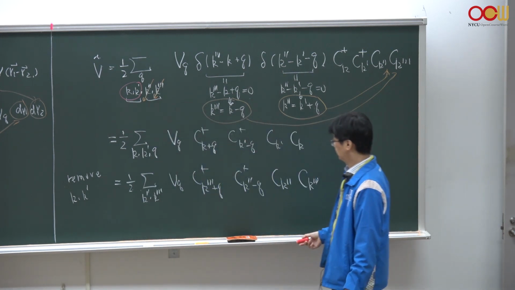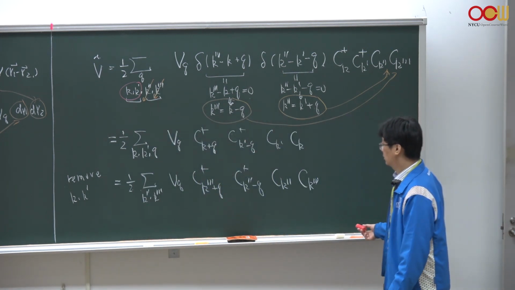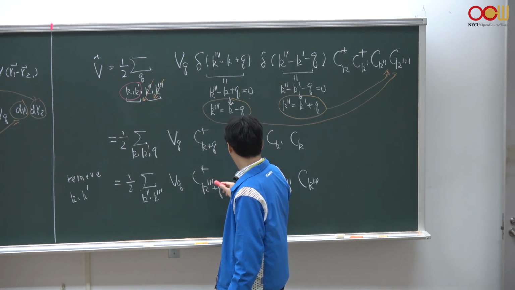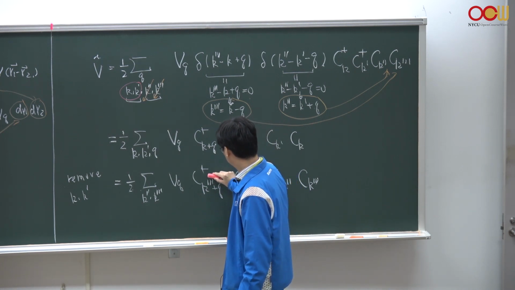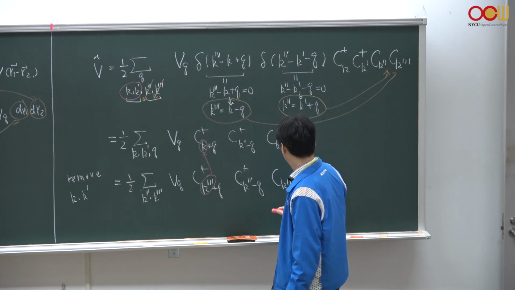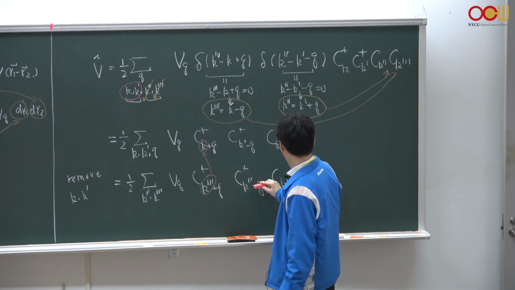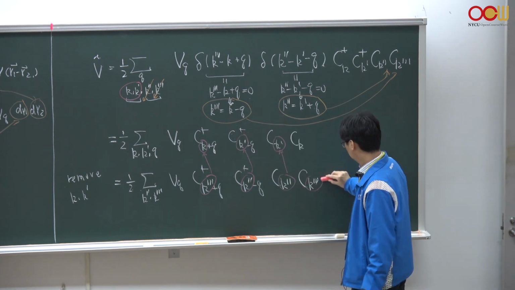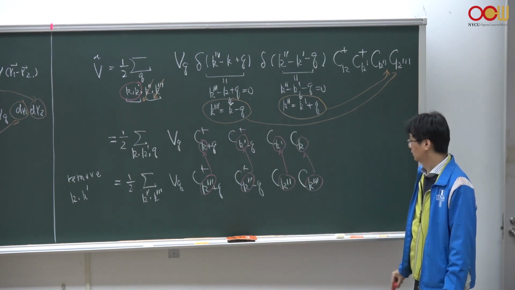It's your choice. So that I could simply just relabel this k and k prime and k double prime, k triple prime, so that this, say, k triple prime is actually the same as k, and k double prime is actually k prime. And this, right?